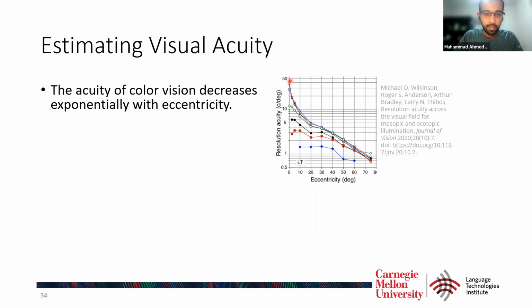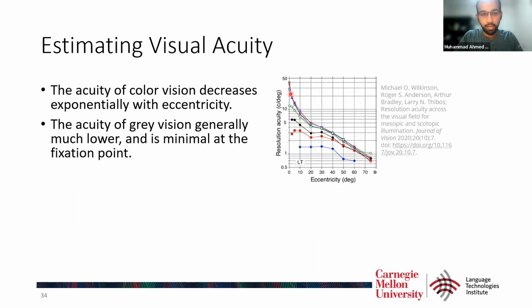Anyways, the fidelity or the resolution or the color accuracy of our vision is highest at the center of the visual field, and it decays exponentially as you go into the periphery. Now, this is a plot that I found from a paper, but we need to have some equations to estimate it so that we can determine what is the visual acuity for any particular pixel in the image.